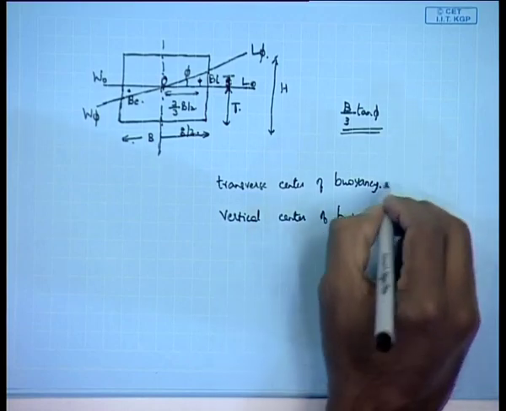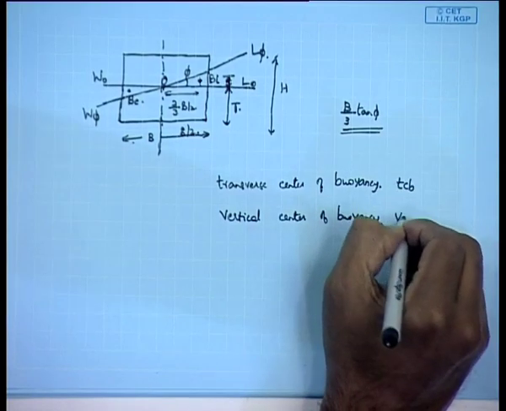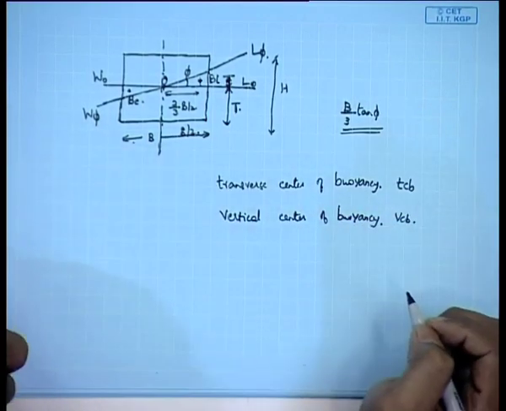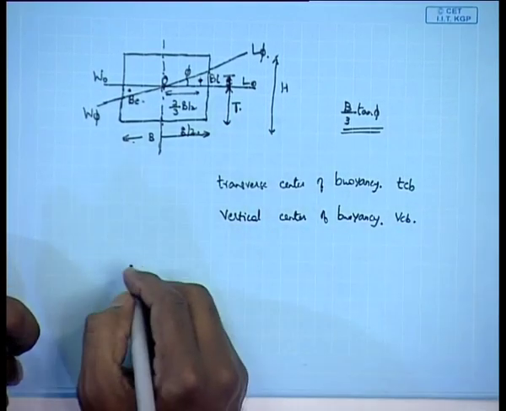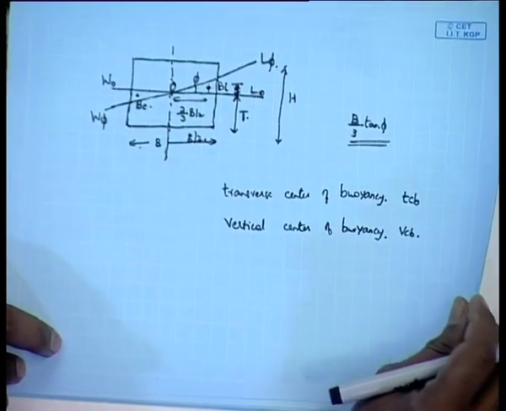So you are asked to find them. In short notation we write it as TCB and VCB. So with this figure here we will do it.